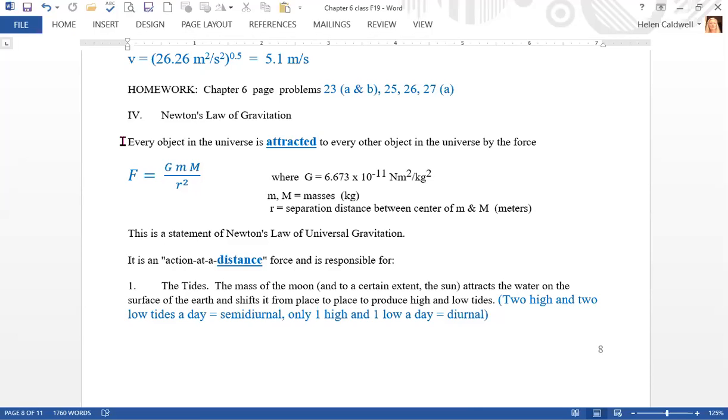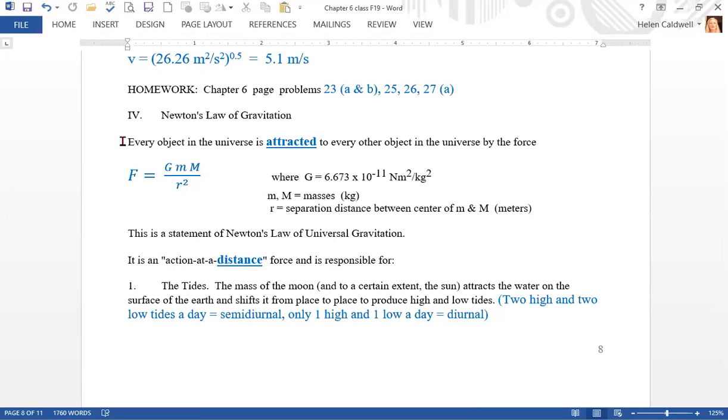Some books do M1 and M2, some do little m and big M. I think our book does little and big. As long as you can tell them apart, it doesn't matter. So capital F is equal to big G times little m times big M over R squared. I think I really like M1 and M2, but hey, what are you going to do?